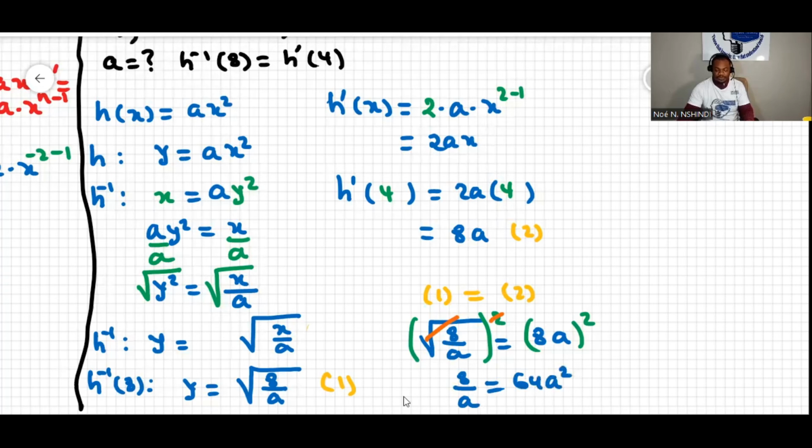We can solve this by cross multiplication, because 64a squared has a denominator of 1.